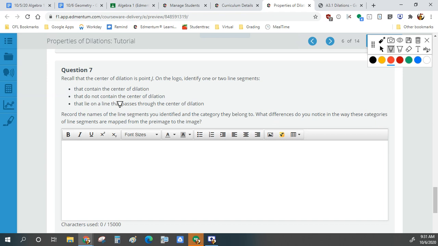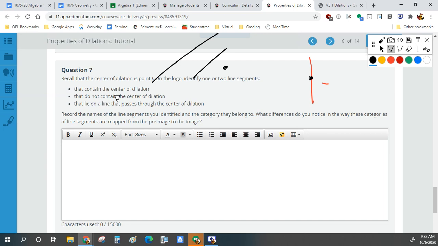So it's just saying that, let's say a line does have the center of dilation. And there's one that it doesn't. So, like, the sail, remember, it just went away from it. And there's also, okay, so contain the center of dilation, do not contain the center of dilation.